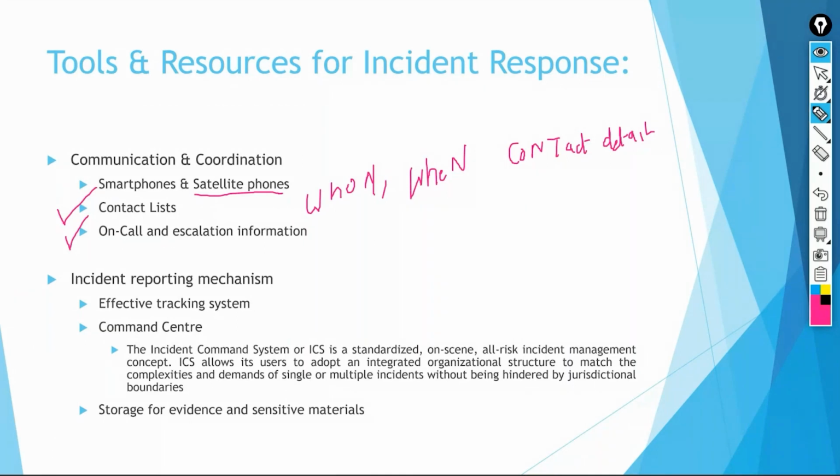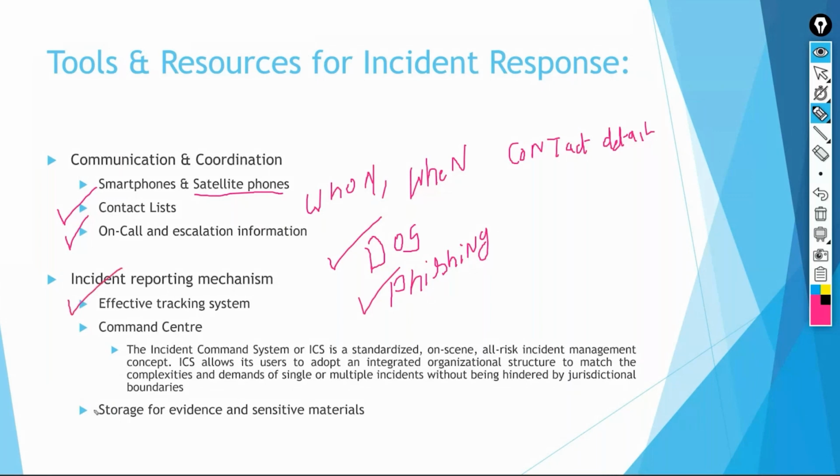So you should be able to track the incident which has occurred. Let's say if there is a DoS attack or a phishing attack, and a security incident has been created for it, we should be able to track the progress of the DoS attack and phishing attack. That is the reason why we must have an effective tracking system.